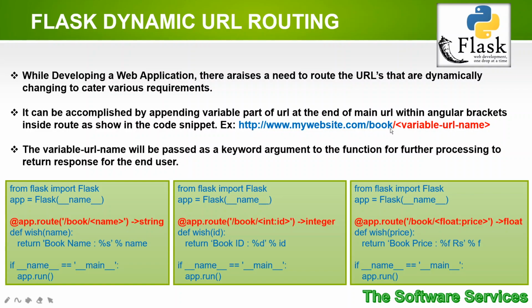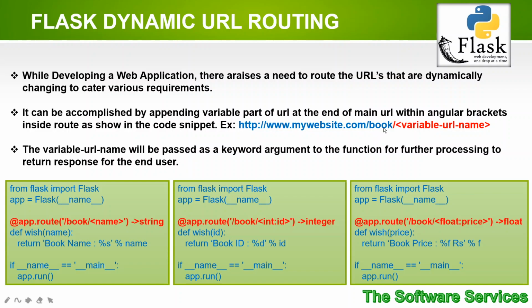The blue letters indicate the constant unchanging URL, right? Up to this part it will not change, it is stable, it is constant. But after book, this part of the URL will change, right? So that's why it is called the variable part. This is the constant part, right?